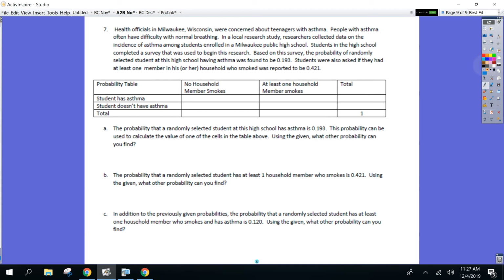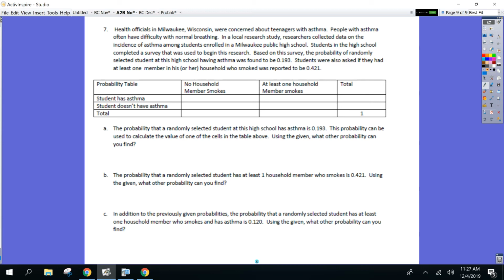Okay, just another fill-in-your-own table now. A lot of reading here. In Milwaukee, Wisconsin, asthma, members of the household smoke. All right, so here's where the meat is. The probability of a randomly selected student at the high school having asthma was found to be 0.193.